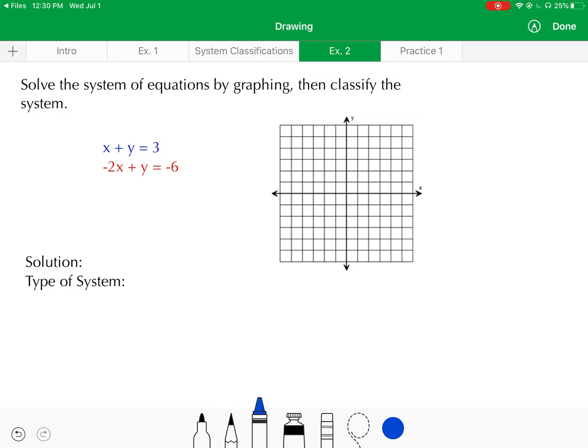The top equation, x plus y equals 3, has an x-intercept of 3, so that's the point (3, 0). And it also has a y-intercept of 3, which is the point (0, 3). So here's that line.